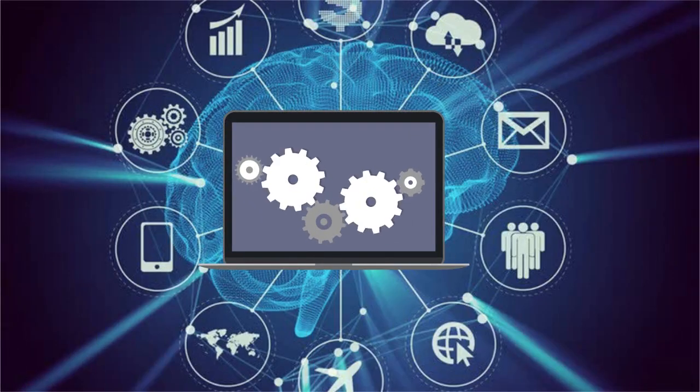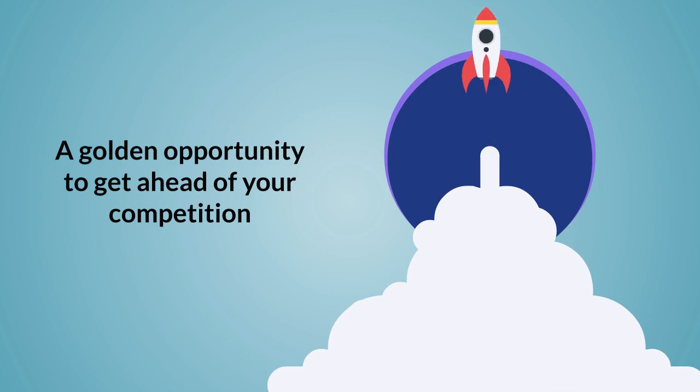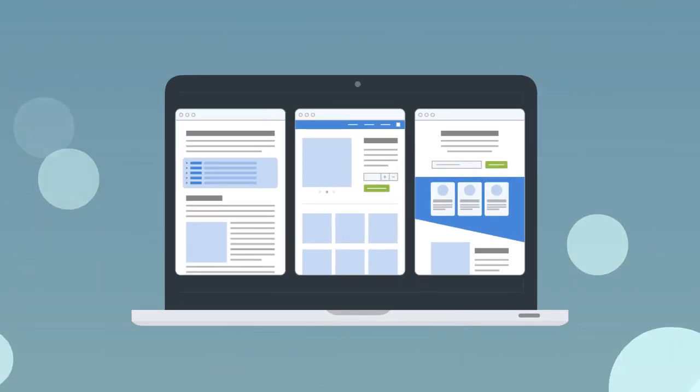The fact is, this next-generation artificial intelligence software represents a huge leap forward for you and a golden opportunity to get ahead of your competition. So, the most important question is, what will you do? Are you going to build ordinary, unperforming landing pages?